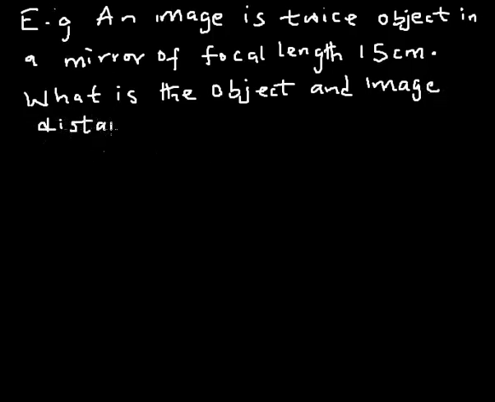Okay, so first of all, let's find the object distance. Solution: for me to get the object distance, I'll need the formula 1 over f is equal to 1 over u plus 1 over v.